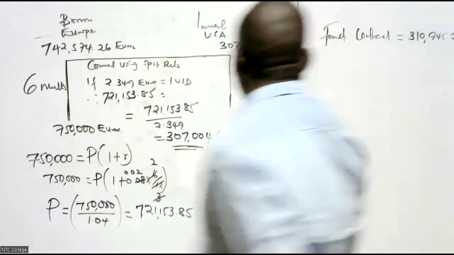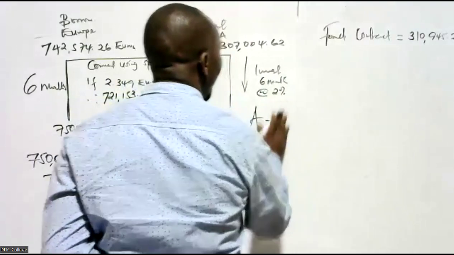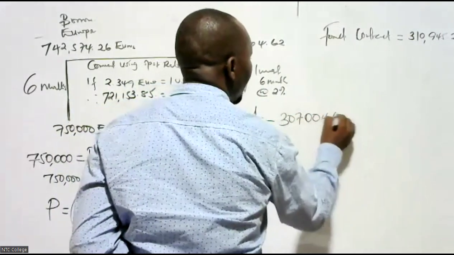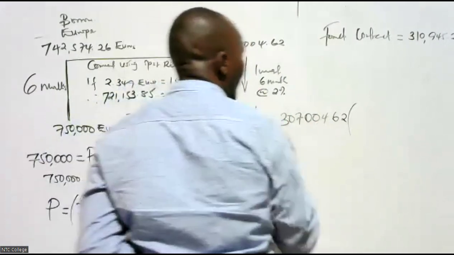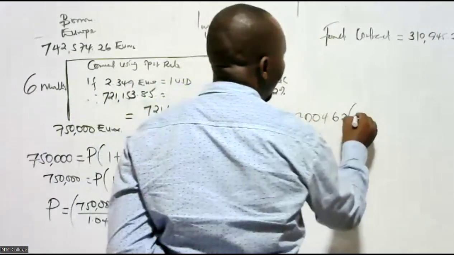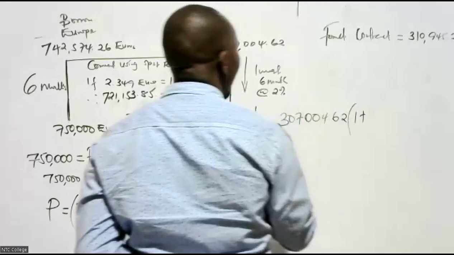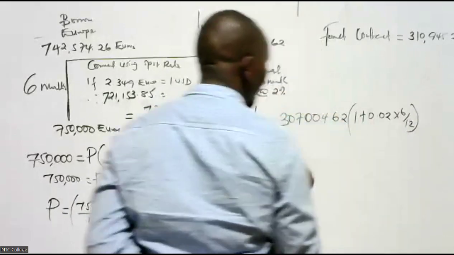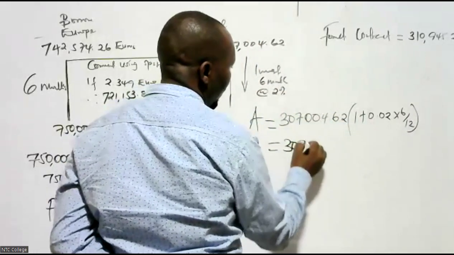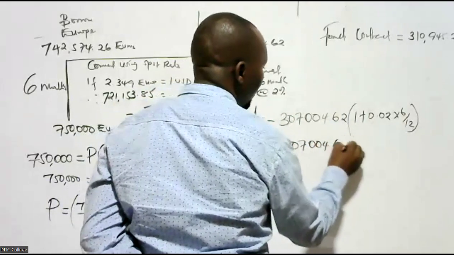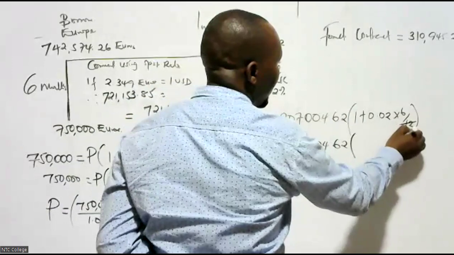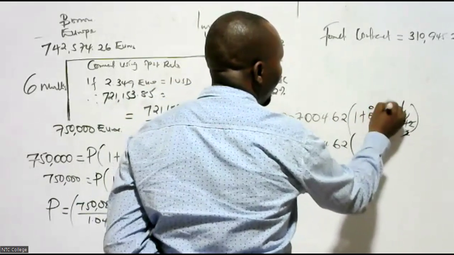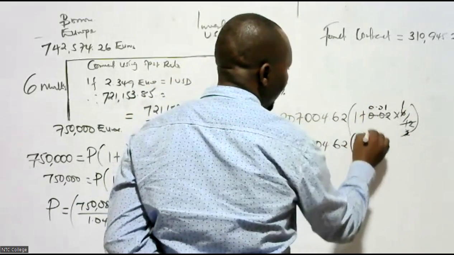So we invest and say that the amount that we shall get is equal to P, which is now our 307,004.62, times 1 plus R, which is 0.02 times 6 all over 12, because it is 6 months. Then we have 307,004.62 into 1.01.